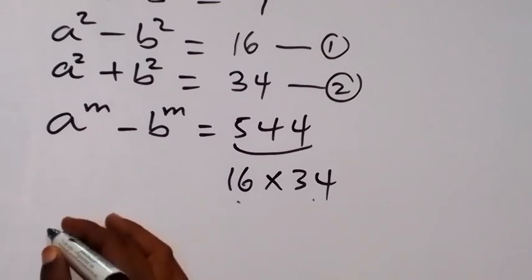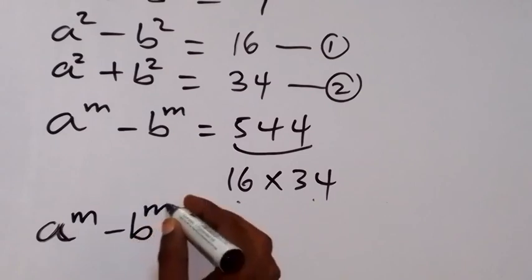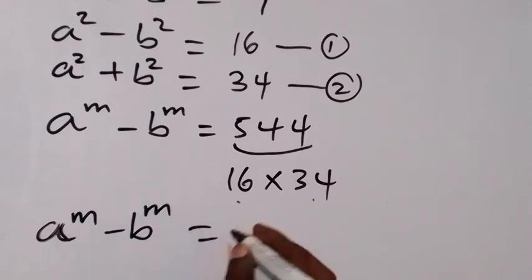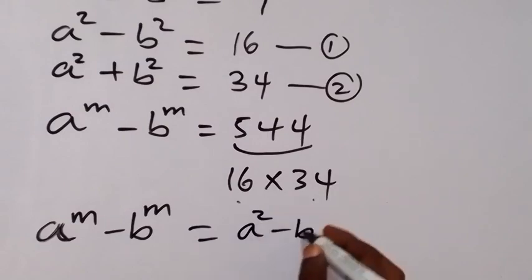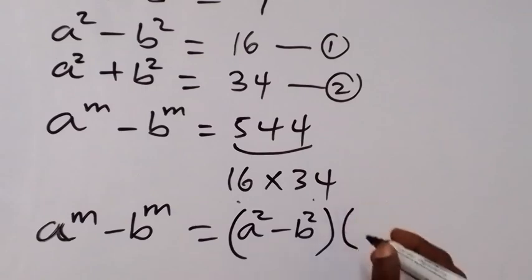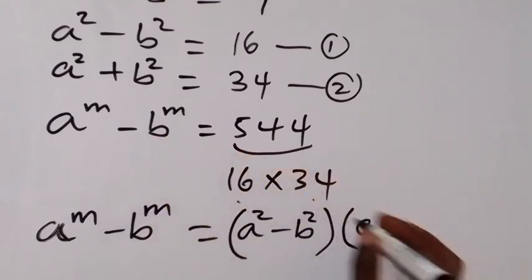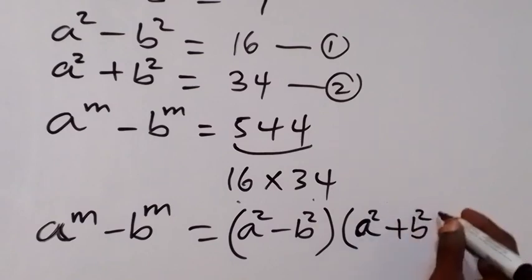So I can say a raised to power m minus b raised to power m can now be equal to a squared minus b squared, multiplied by, that's 16 now, multiplied by a squared plus b squared, and that is 34.